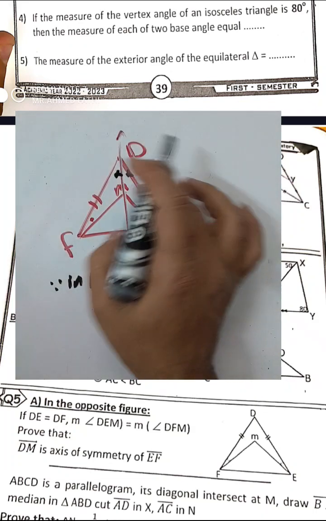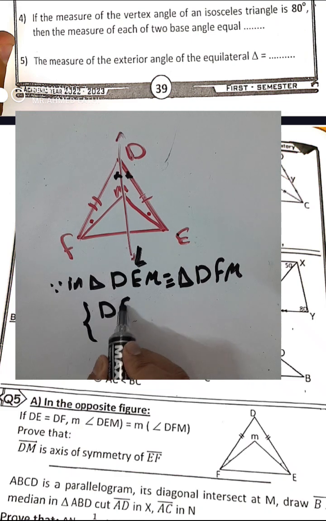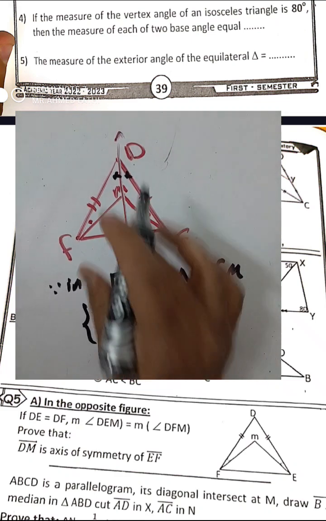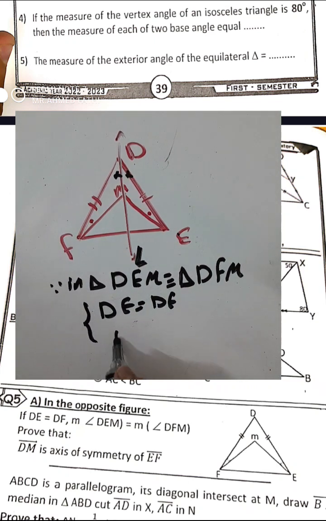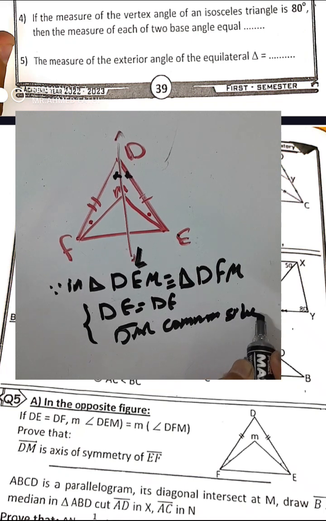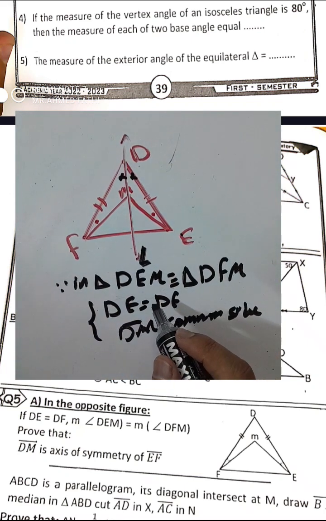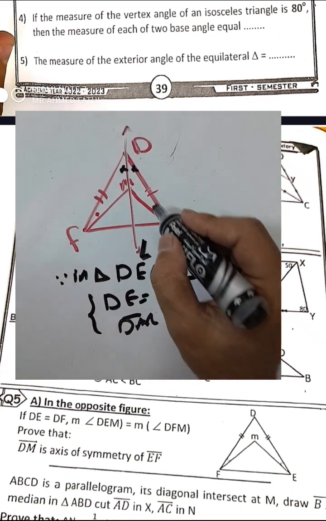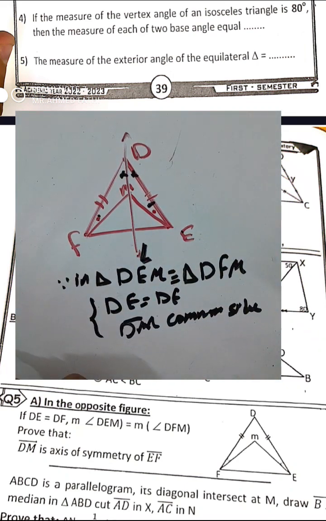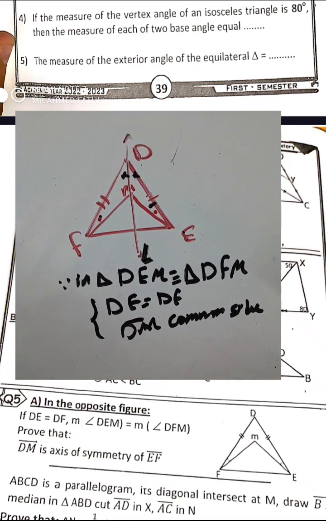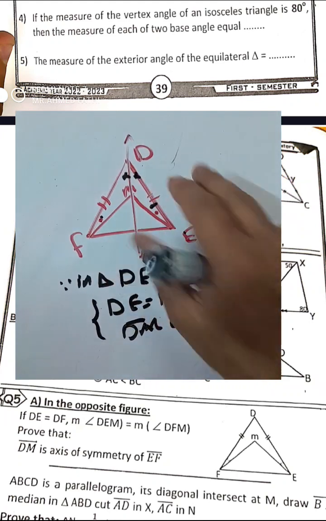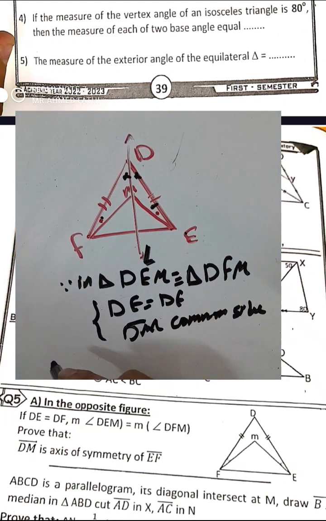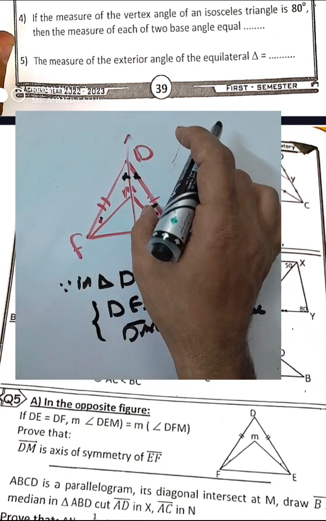Okay, we have two congruent triangles, such that DE equals DF, and we have DM a common side. We have this angle equals this angle. So we have two sides and one angle, but the angle is not included between the two sides. We want to prove that this angle or this side equals this side.